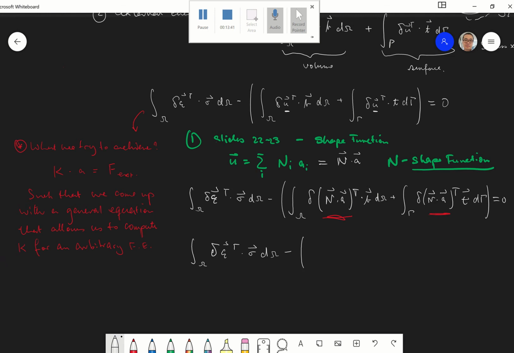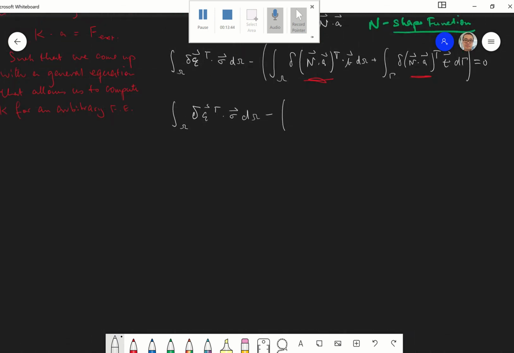Minus, okay, move this further up a bit, integral over omega of delta A times N transpose b d omega plus integral over gamma of delta A times N transpose t d gamma equal to 0.